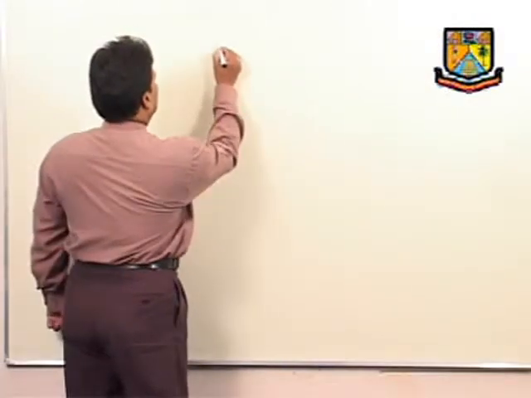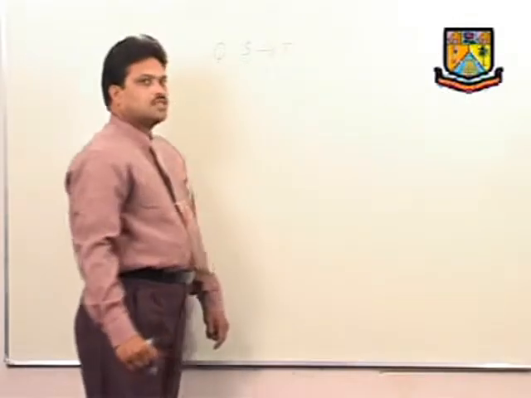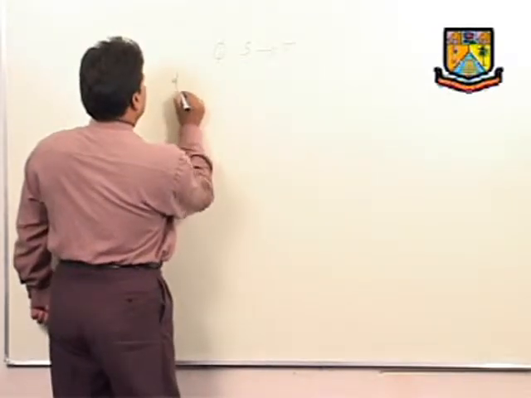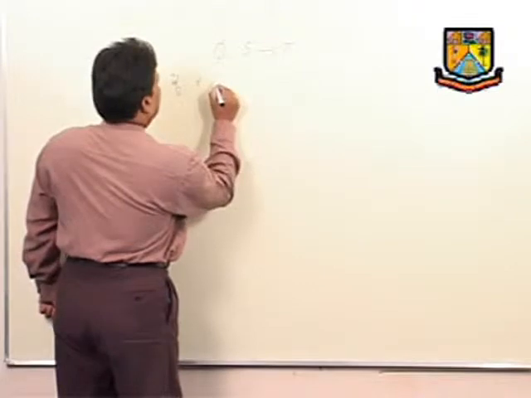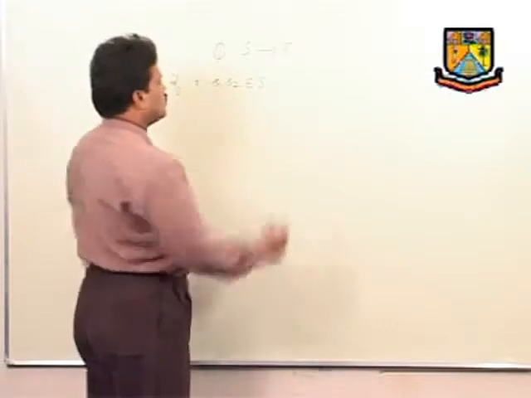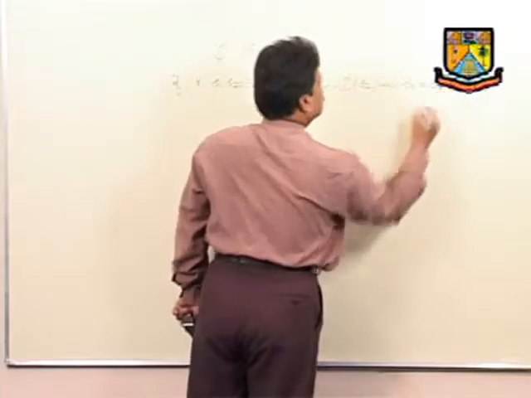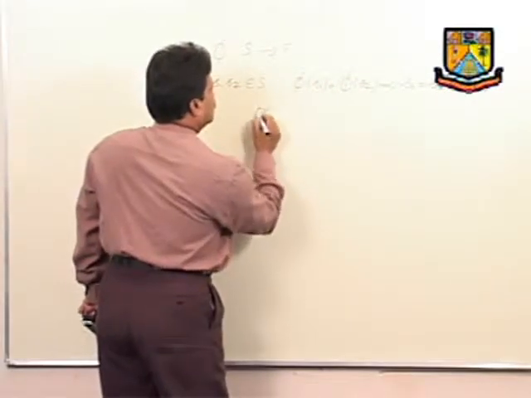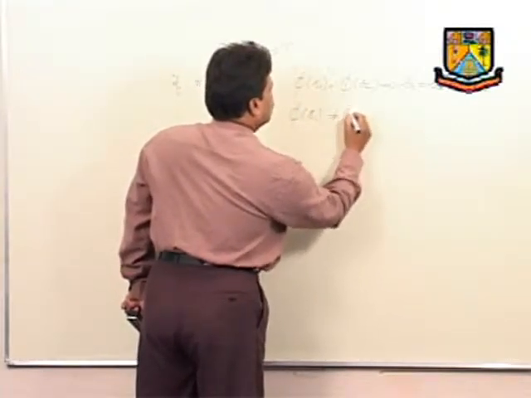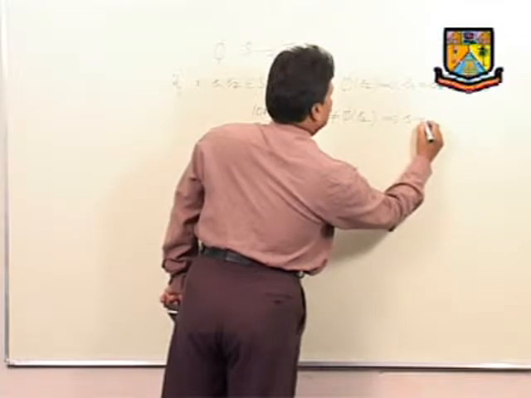A mapping phi from S to T is said to be a 1-1 function or injective function if for every s1, s2 in S, phi of s1 not equal phi of s2 implies s1 not equal to s2.